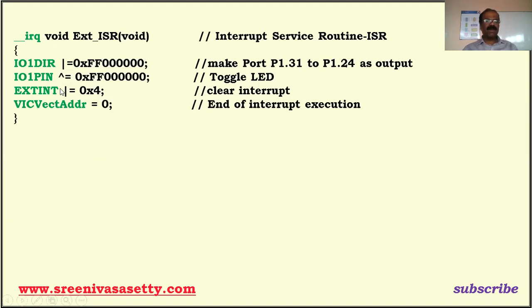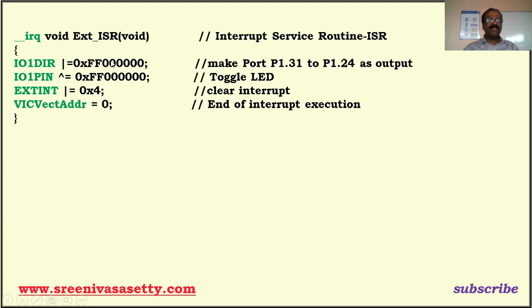Here there will be ports P1.31 to P1.24, which means you have to configure 24 to 31 as output, because here we have 8 LEDs connected starting from P1.24 to P1.31. We have to configure these 8 LEDs as output.